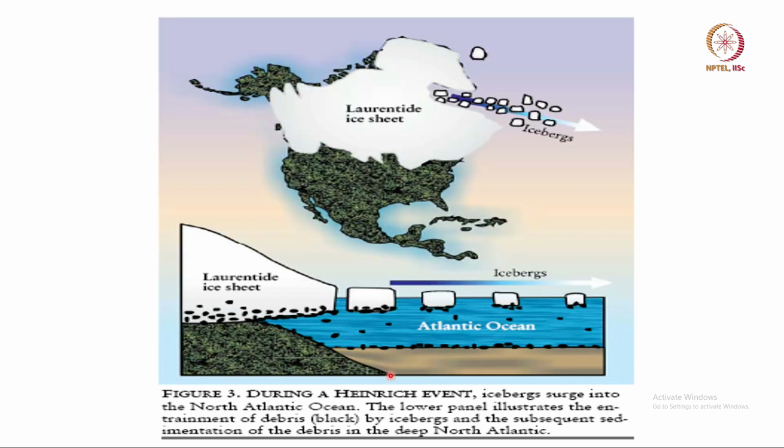Okay. So, let me again show you through a cartoon how this ice rafted debris came. They came because the huge Laurentide ice sheet, which occupied most of Canada and North America, when it started melting and water came out from these melts, they brought along with them rocks and stones, because glaciers carry rocks and stones along with them.